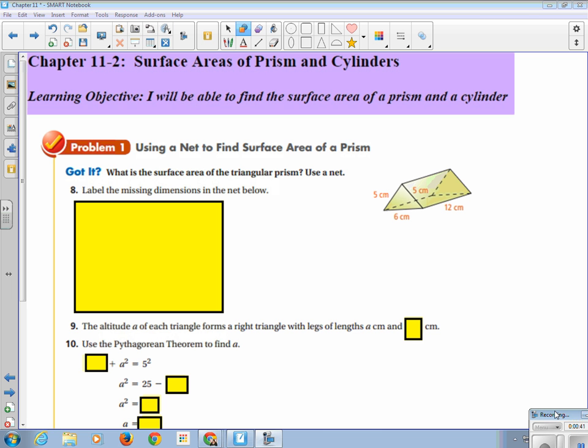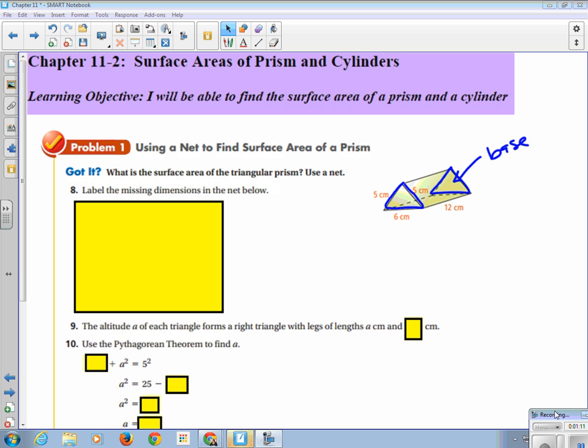So even though this prism is on its side, we still say that the triangle in the front and the triangle in the back are the bases. Don't be fooled by how your prism is positioned, because the two items that are matches on each side of the prism, those are the bases.